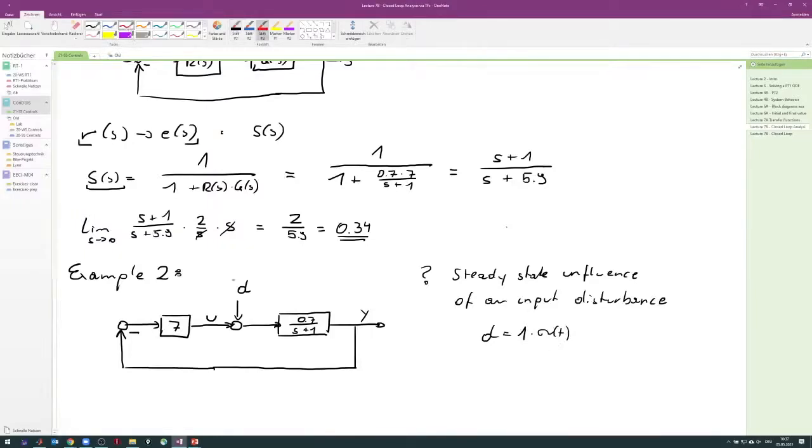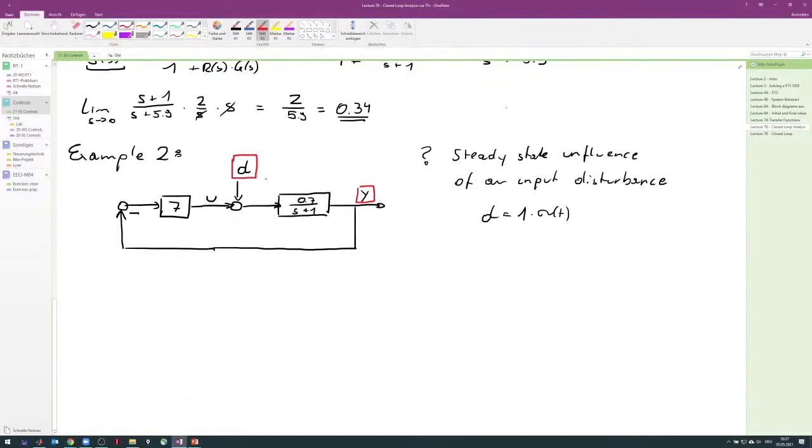So we are now looking at how our input disturbance is influencing our output. Could be for the aircraft, what happens if wind appears, right? It influences our system and it somehow excites our output. So how is this happening? Okay, and this is what we call the disturbance sensitivity.